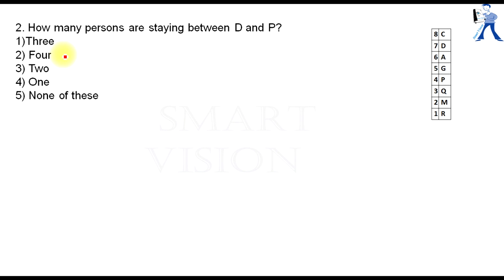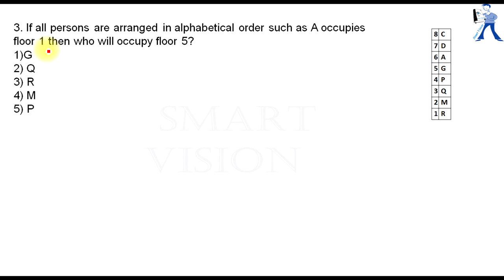Then how many persons are staying between D and P? D is here and P. 2 persons are staying here, A and G. So the answer is 2. If all persons are arranged in alphabetical order, such that A occupies floor 1, then who will occupy floor 5?